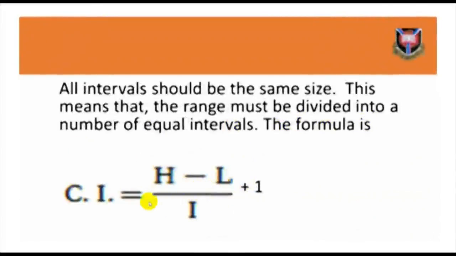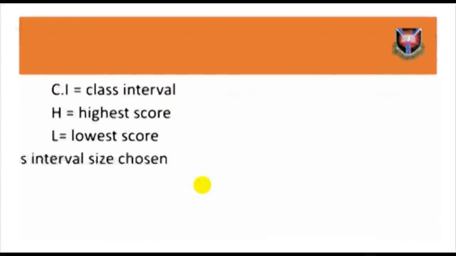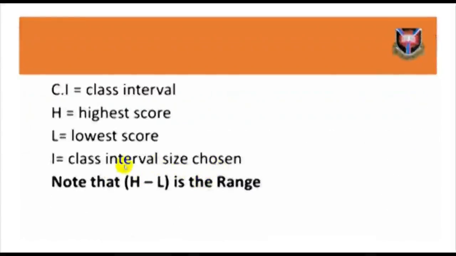This formula could be used. Ci equals (H minus L) over I, plus 1, or Ci equals range over I, plus 1, where Ci is the class interval, H is the highest score, L is the lowest score, I is the class interval size chosen, and H minus L is the range.